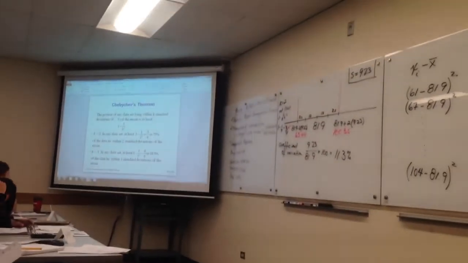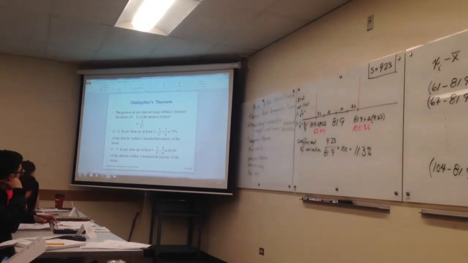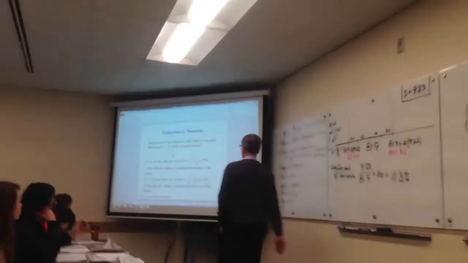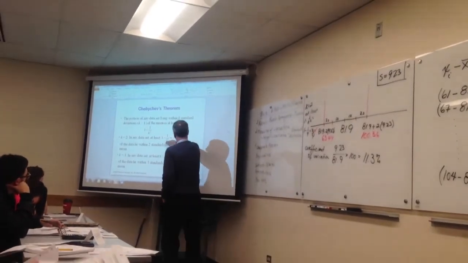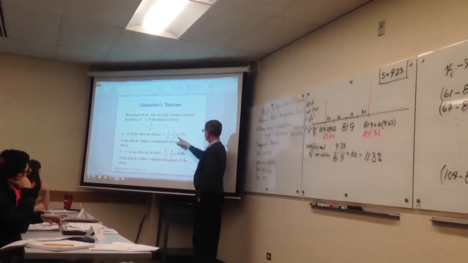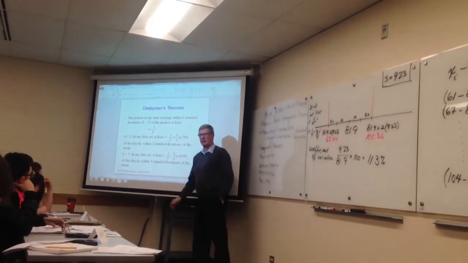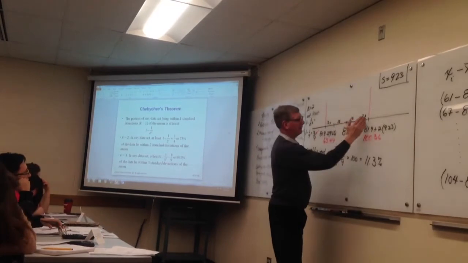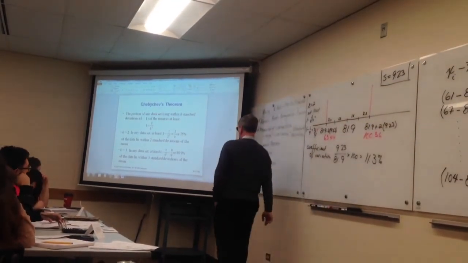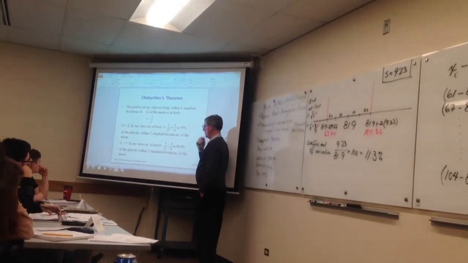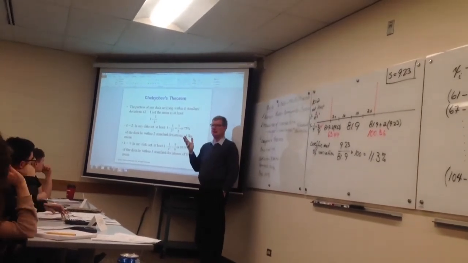Chebyshev's theorem says at least 1 minus 1 over k squared. So if it's 2 standard deviations, that's where I get the 75% or 3/4. If I went out 3 standard deviations, 1 more standard deviation to the left, 1 more to the right, I get almost 90% of the data, at least.